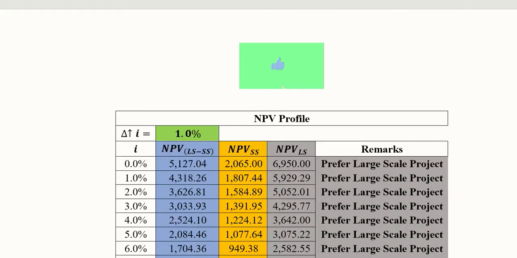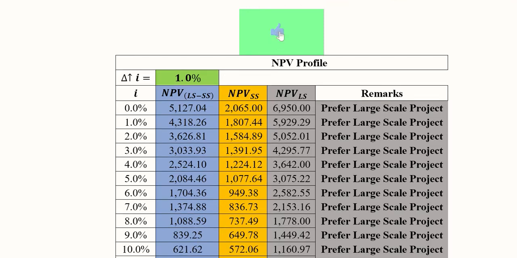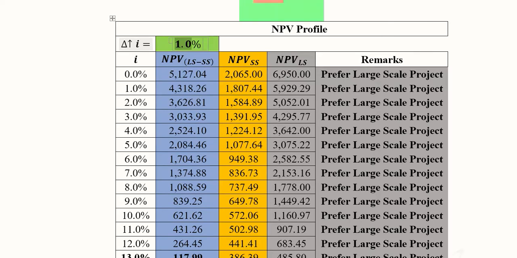Let us see how the NPV profile can help us to develop all of this. So the NPV profile, with a difference of 1% in the discount rate: 0, 1%, 2%, 3%, and so on.